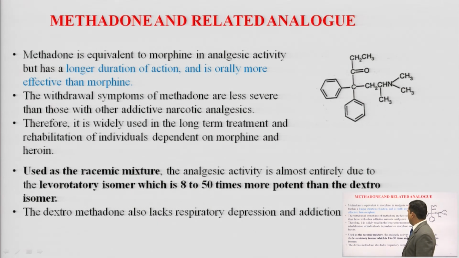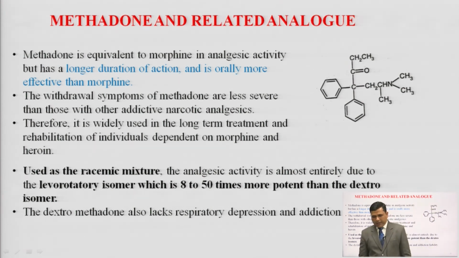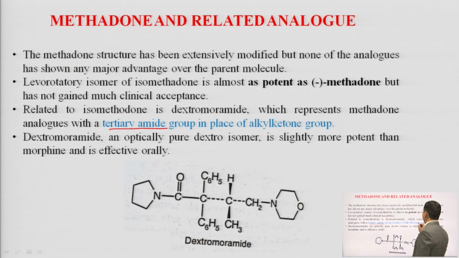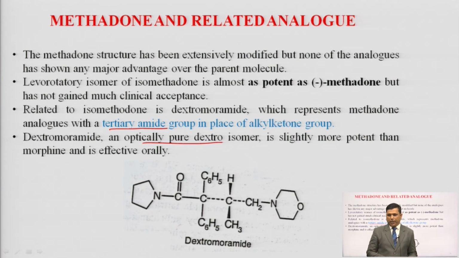It is used as a racemic mixture, and the levorotatory isomer is 8 to 50 times more potent than the dextro isomer of methadone. An example of a methadone analog is dextromoramide. Dextromoramide has a tertiary amide group in place of the alkyl ketone group, and it is an optically pure dextro isomer, slightly more potent than morphine, and is effective orally.